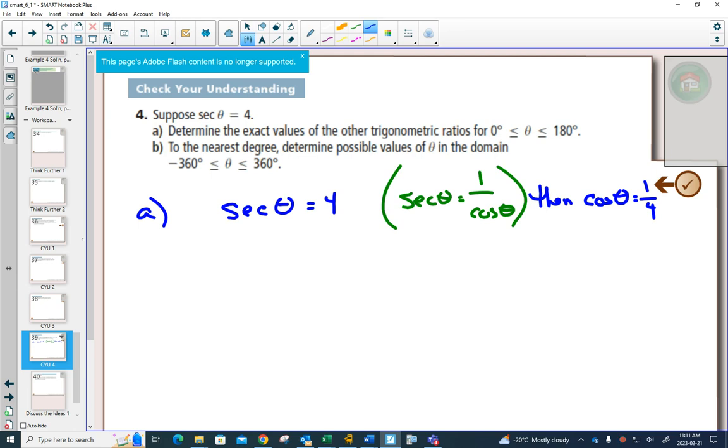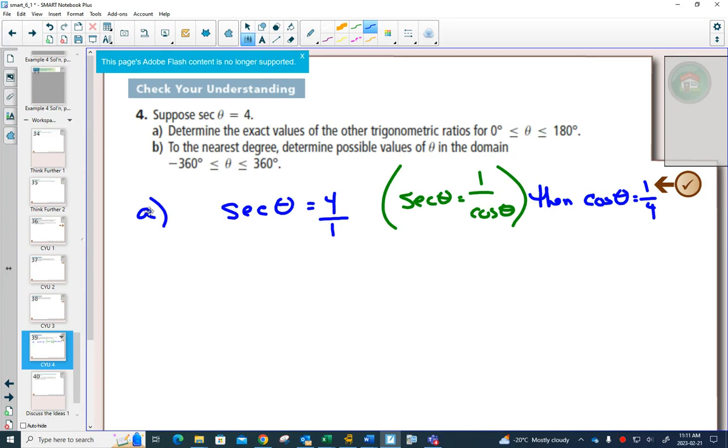In other words, we're taking the answer of secant of theta, which is 4 over 1, and we're able to write cos of theta as just the reciprocal, because that's what reciprocal does. It flips the fraction. It's 1 over 4. This is a shortcut that we're going to use over and over and over again.